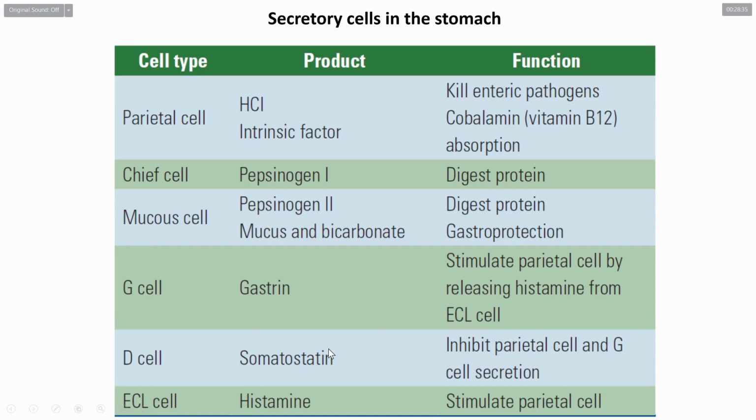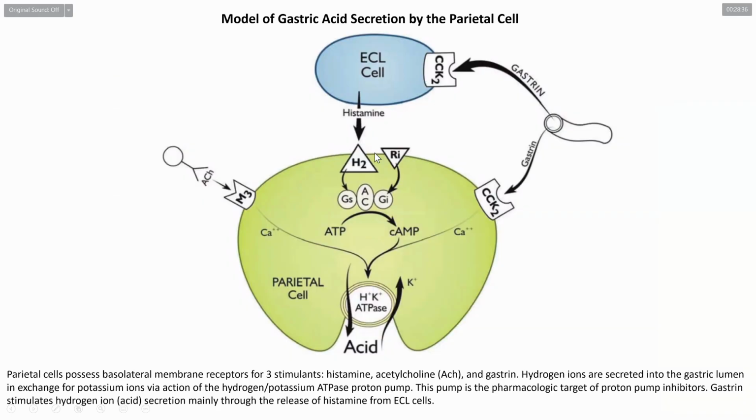This is just to demonstrate what happens on your parietal cells, which receptors there are. There are muscarinic receptors for acetylcholine, and that's where the vagus nerve and stress and anxiety play a role in increasing your acid output. There are H2 receptors. And gastrin actually doesn't work on gastrin receptors on the parietal cells.